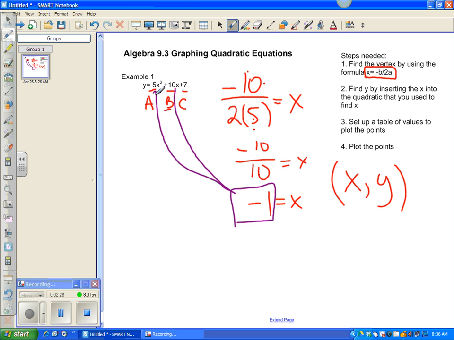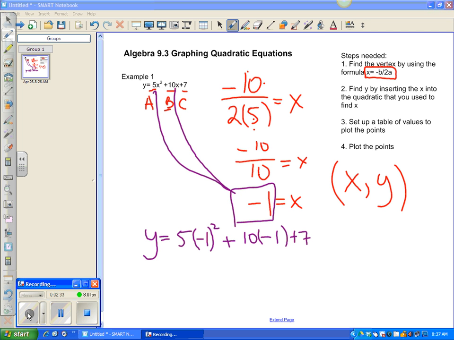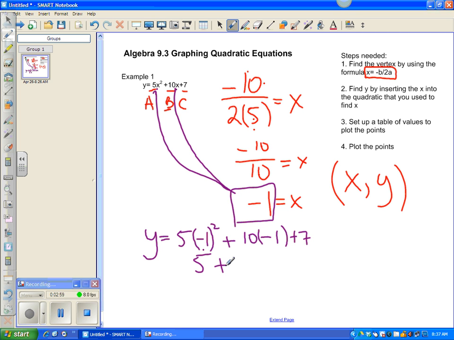I need to rewrite my problem as such, so that this x squared is a -1, and this x right here is -1. Now I have y is equal to 5 times -1 squared plus 10 times -1. A -1 times a -1 is actually a +1, so this becomes 5 times +1, which becomes 5, plus 10 times a -1, which becomes a -10.